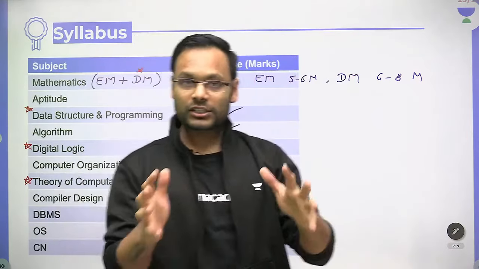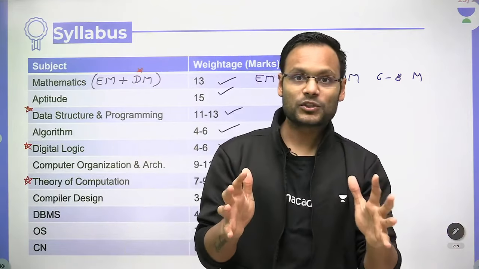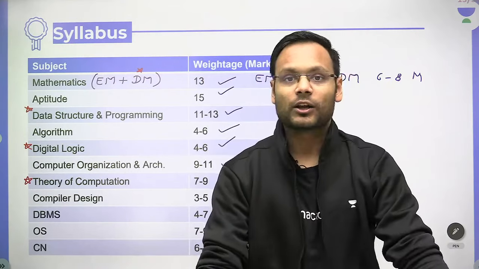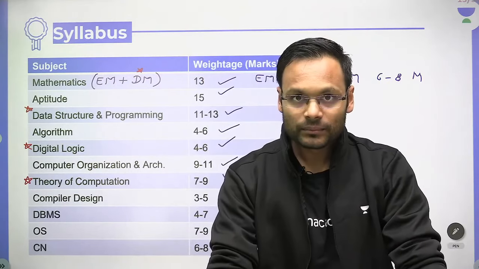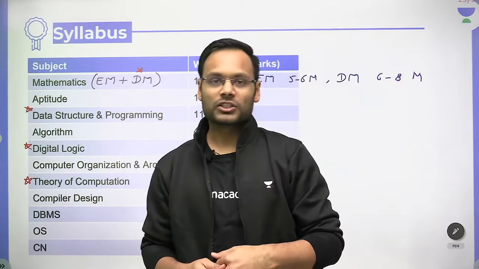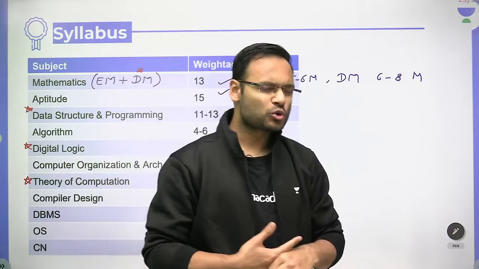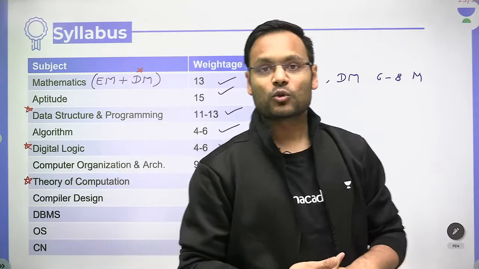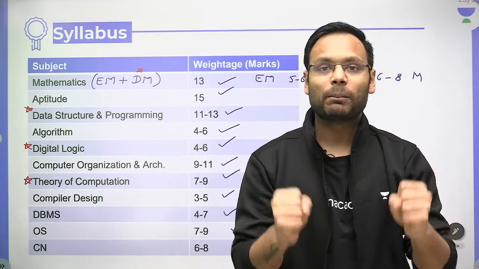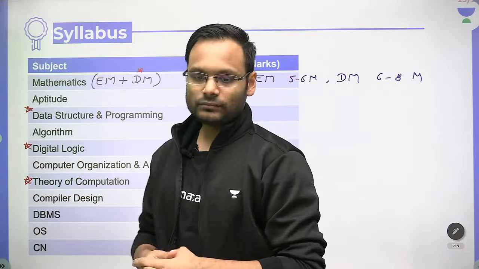And the paper is lengthy, only 3 hours, 180 minutes only, and you are going to have 65 questions which will require a lot of extra time. So for that, the preparation should be top notch. That does not matter if the paper is so lengthy, so tough, we will be able to score 65 plus. But for that, of course, you need a really great plan of preparation, a good strategy, for sure.